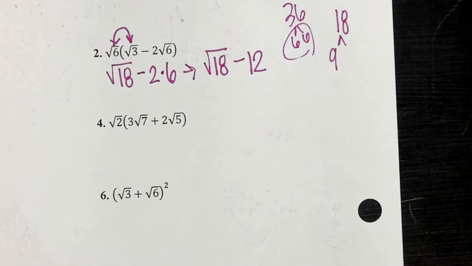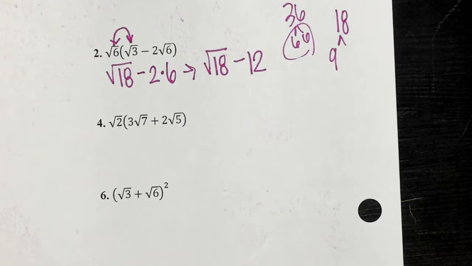Yes? So why is the square root different? Because the square root of 6 times the square root of 6 is the square root of 36. But the square root of 36 is just 6. I'm just trying to teach y'all how to save time and cut out that middle piece.